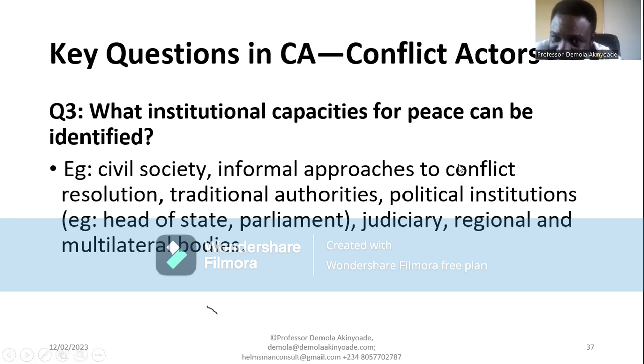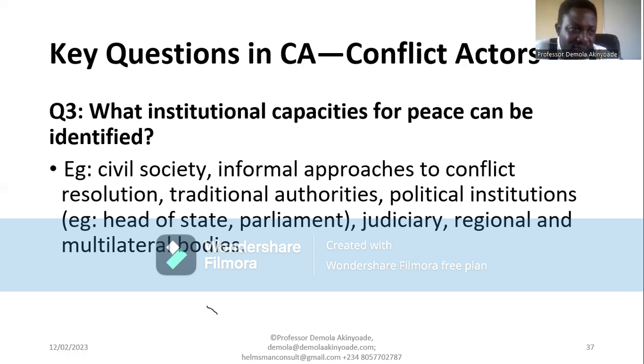Yes, we do. Okay, can you name one or two? The institutional capacity for peace in APC, PDP, Labour Party conflict. That's the case study we are using.